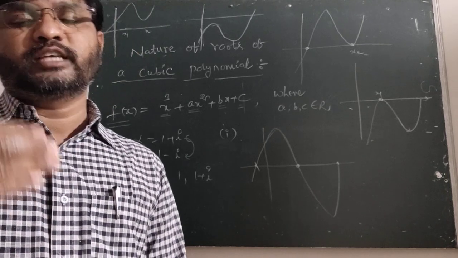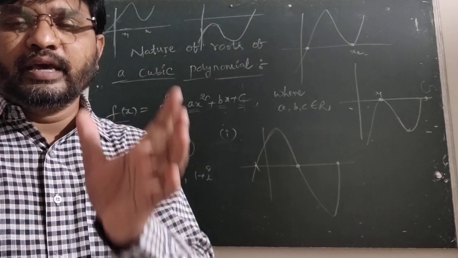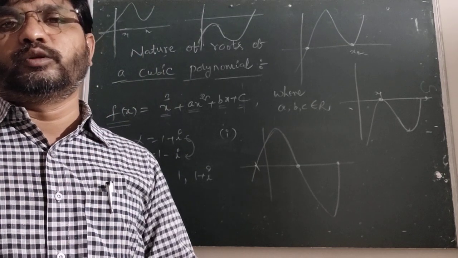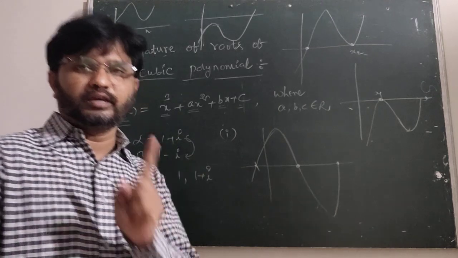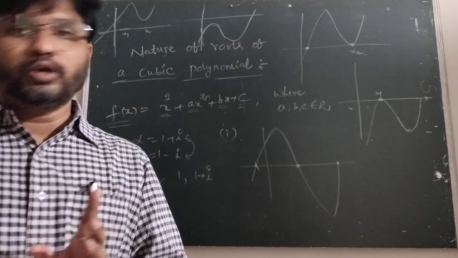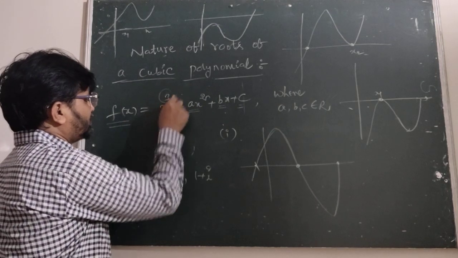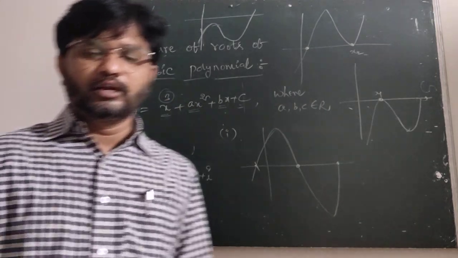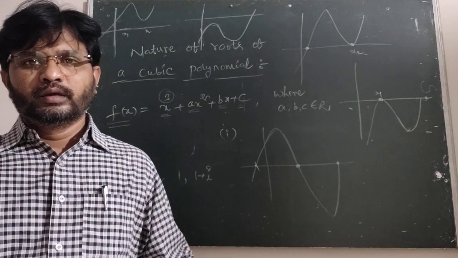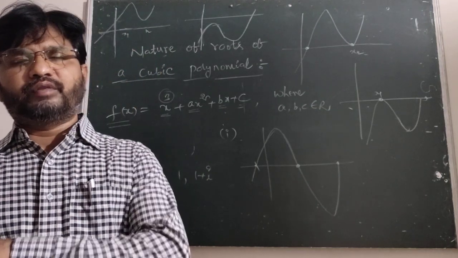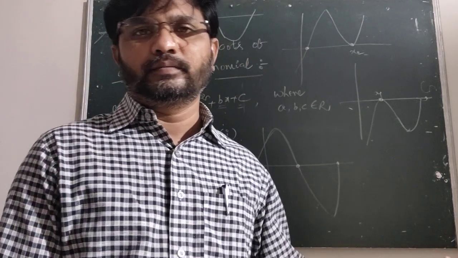The plus or minus comes only for imaginary roots and irrational roots. Therefore, if one root is 1 plus i, another root must be 1 minus i. So we observe that when it is a cubic equation, one root must always be real.